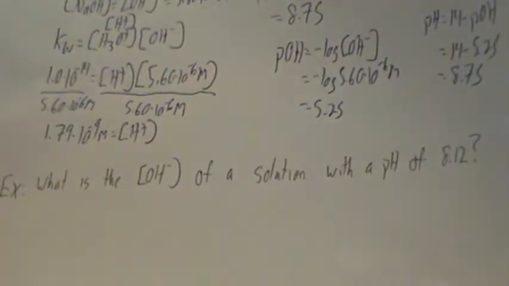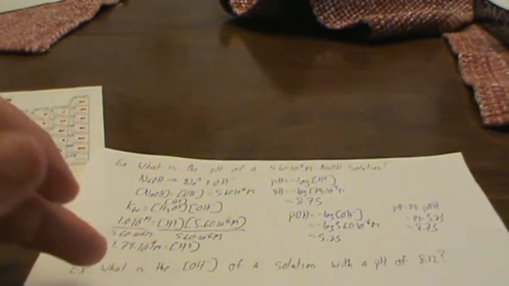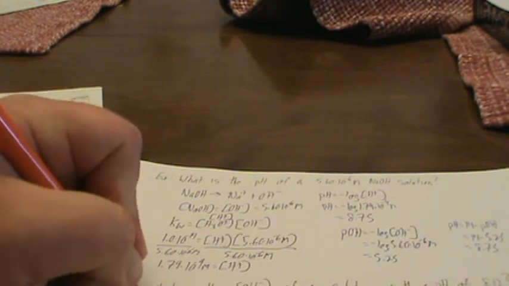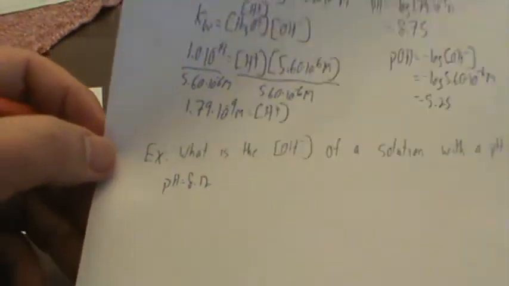Okay, what is the hydroxide ion concentration of a solution with a pH of 8.12? Okay, so once again, with this one, we have two possible directions or routes that we can take to find the answer. So one route, since we already have the pH, 8.12, we can find the pOH.